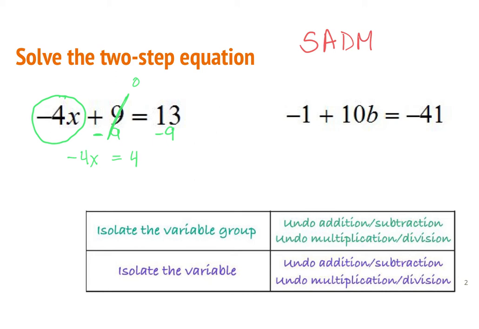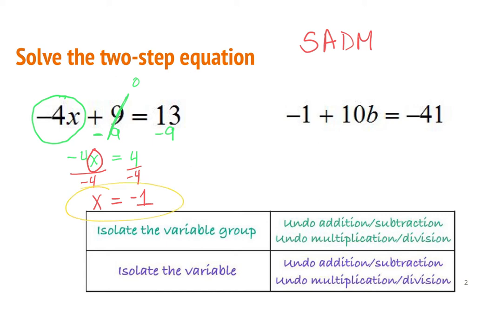There is a D and the M in SAD-MEG. So I'm going to isolate X by getting rid of the negative 4. So I'm going to divide by negative 4 because remember we want to do the opposite, and that negative 4x means negative 4 times x, so the opposite would be to divide. So now when we simplify, x is equal to negative 1.